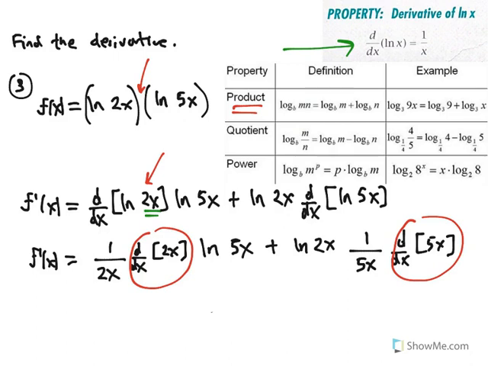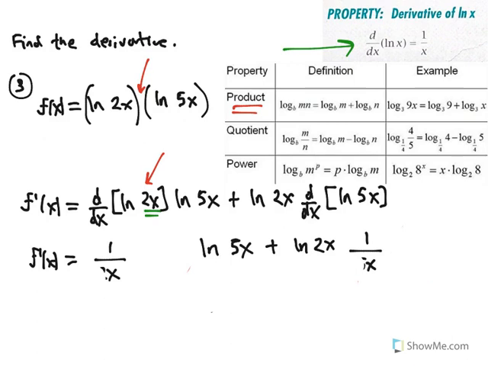And when you recognize that, you can cancel this factor of 2 with the 2 in the denominator, and you can cancel this factor of 5 with the 5 in the denominator here. So when we do all of that, this is what we will have. And you can simplify that. Obviously, there is a multiplication sign there.